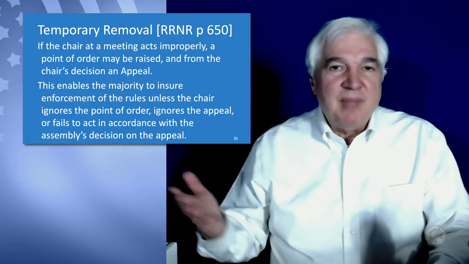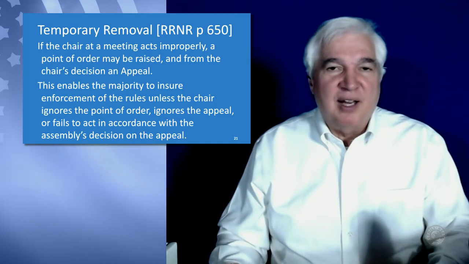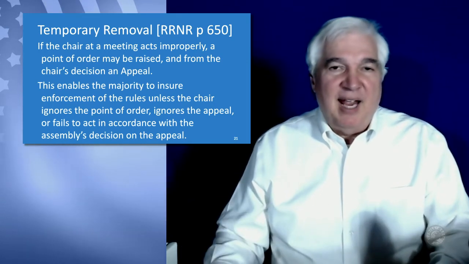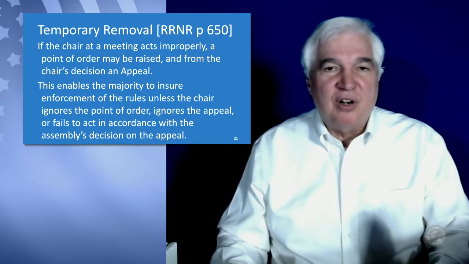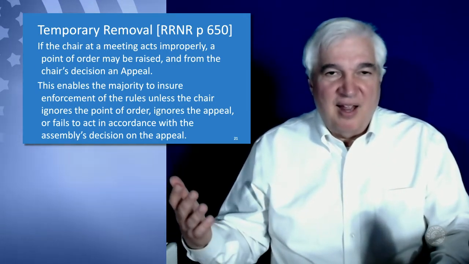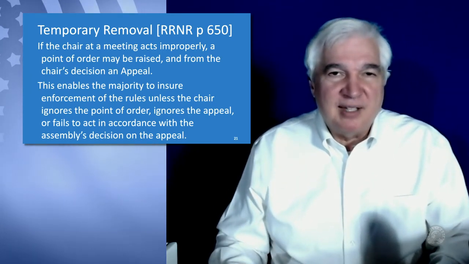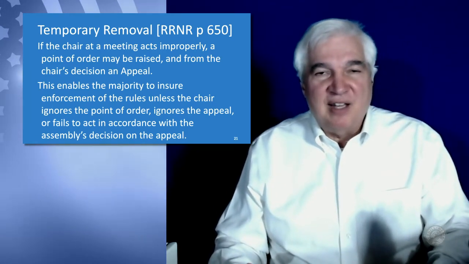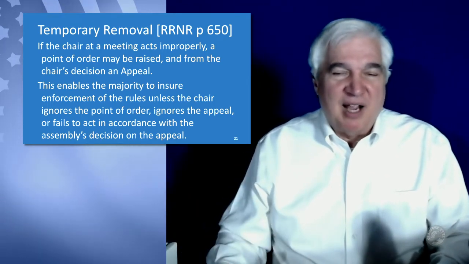So say the chair sees a resolution coming up that they don't want to talk about, and you challenge them and say, point of order, that resolution has followed all the proper steps and can be brought before the assembly, and the chair thinks, no, this is just too sensitive and we're going to offend somebody and we're not going to do it.